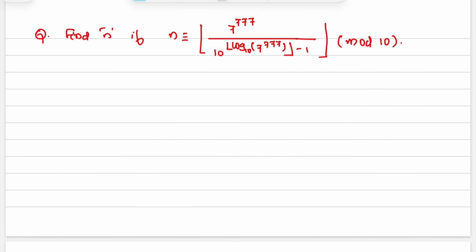Please understand where the floor function is written and what is its hidden meaning. Please try to explore from my previous videos.